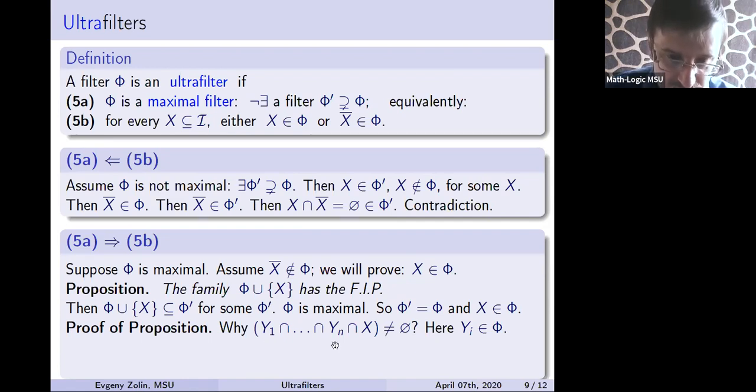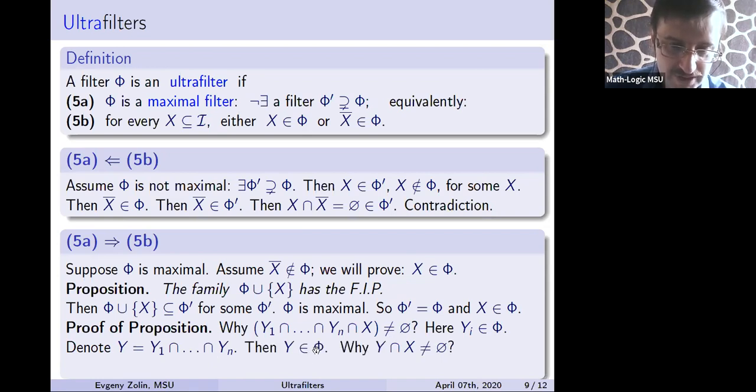Let us denote this intersection y1 through yn by Y. We know that since these are sets from the filter, the intersection is a set from our filter. So this is an element of the filter. And we only need to show why this intersection, Y intersection X, is non-empty.